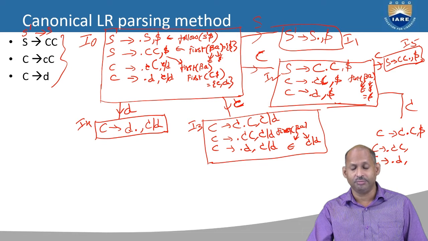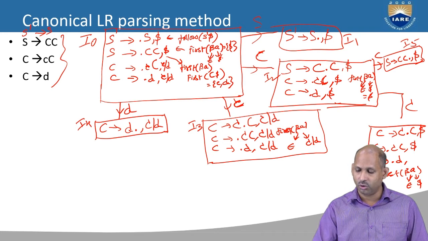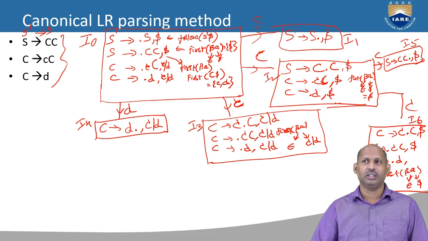What is the lookahead symbol for these productions? Same story. First of beta A, the beta is epsilon, A is a dollar, so simply it is dollar. This we refer to as the I6 group.